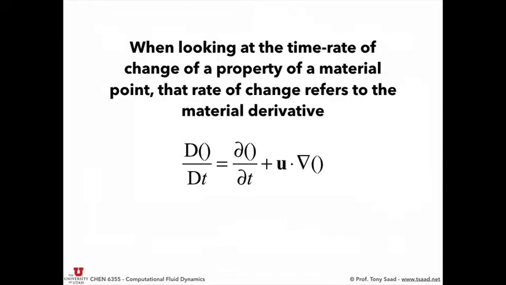But then how do you move this to a Eulerian perspective? You just use the chain rule. A is a function of t and position, so x of t, y of t, and z of t. Just simply nomenclature, math. If you use the chain rule, you can say this is dA by dt plus dA by dx, dx by dt, plus dA by dy, dy by dt, plus dA by dz, dz by dt.